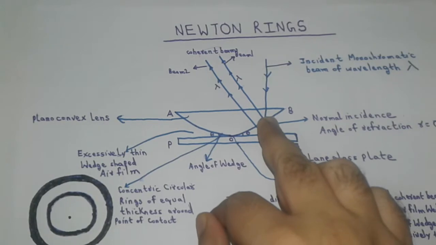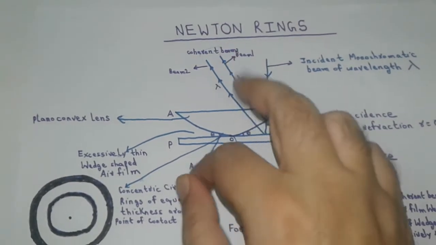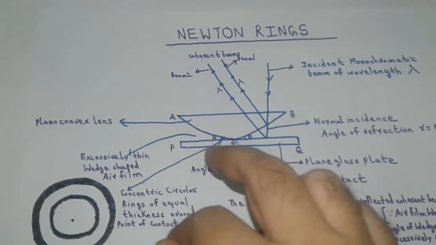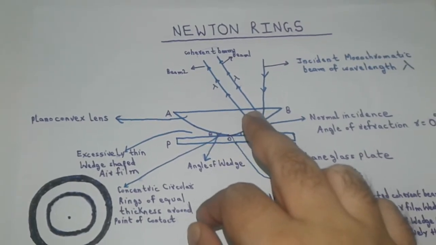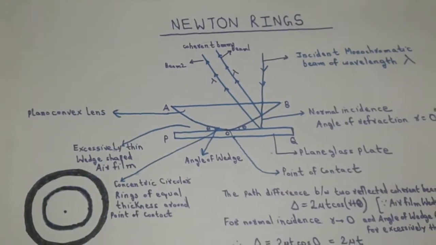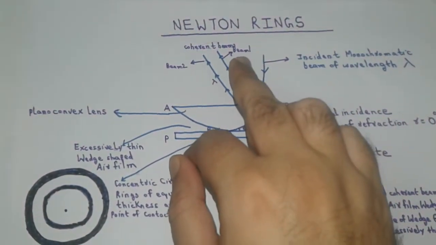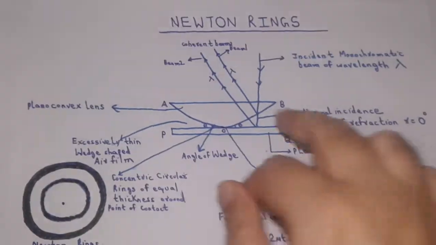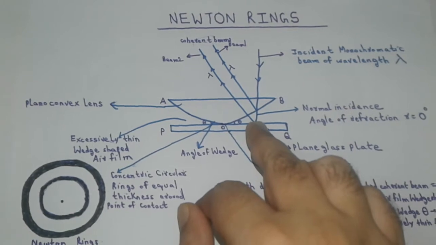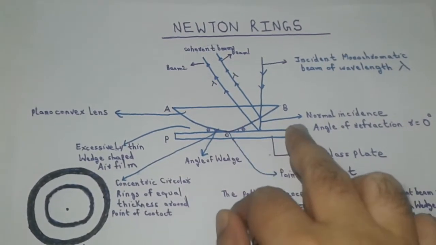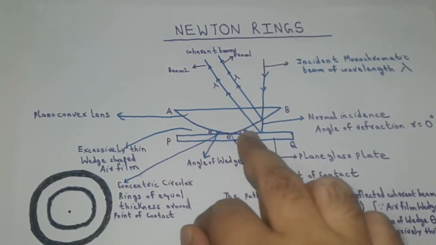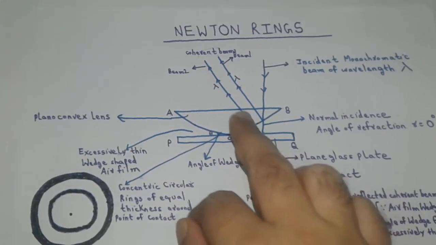A part of the beam is reflected from the upper surface AOB of the air film in contact with the plano-convex lens. This is beam 1. The other part of the incident beam is reflected from the lower surface POQ of the air film in contact with the plain glass plate as beam 2.